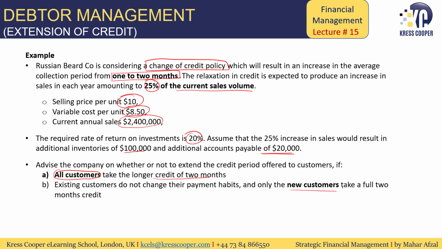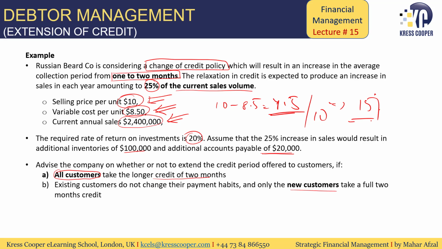So we know the existing revenue of the company is 2.4 million, price is 10, variable cost is 8.5, so my contribution is 10 minus 8.5, 1.5 per unit. 1.5 divided by 10 is equal to 15%. 15% is my CM ratio, the contribution margin ratio.